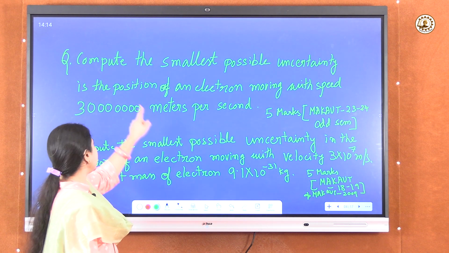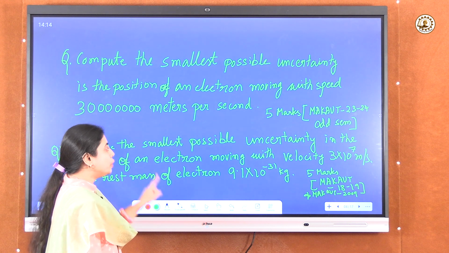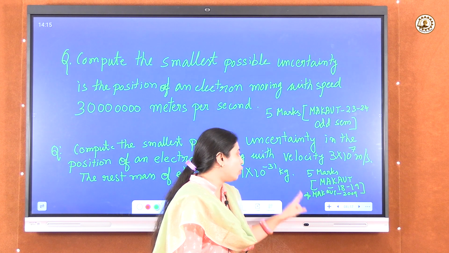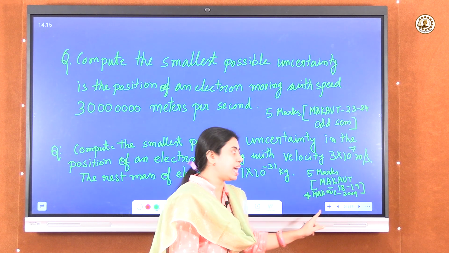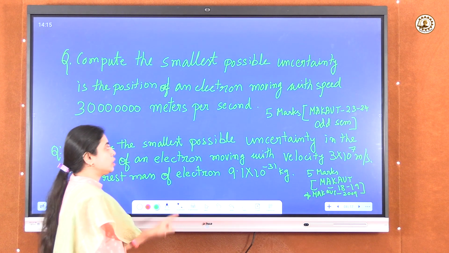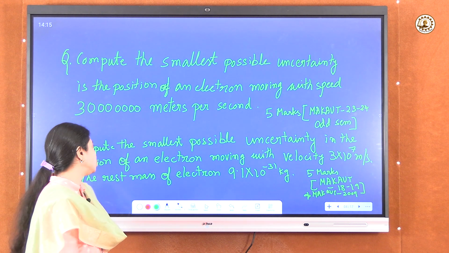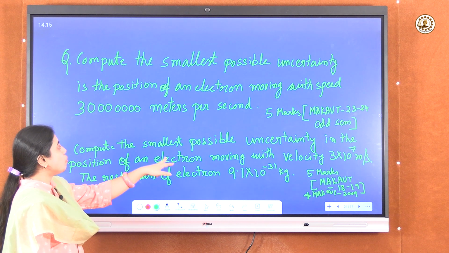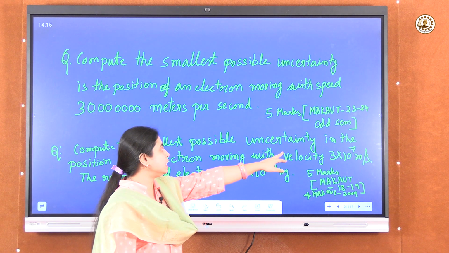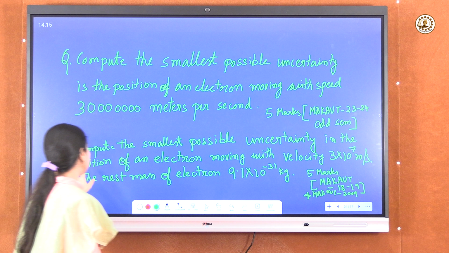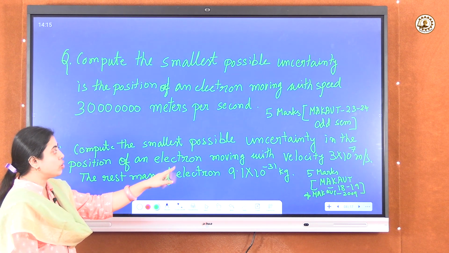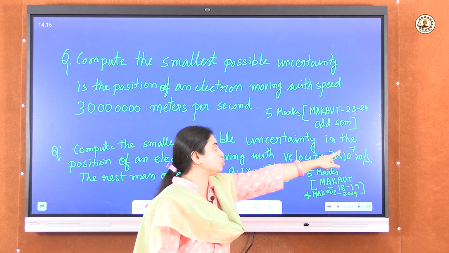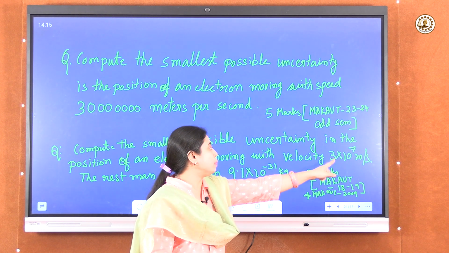I have written another question which came in MAKAUT 18-19, also MAKAUT 2009, the same question with a little bit of language change. Compute the smallest possible uncertainty in the position of an electron moving with velocity 3 into 10 to the power 7 meter per second.